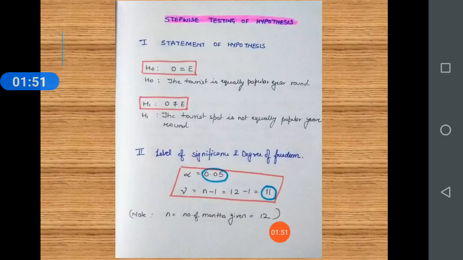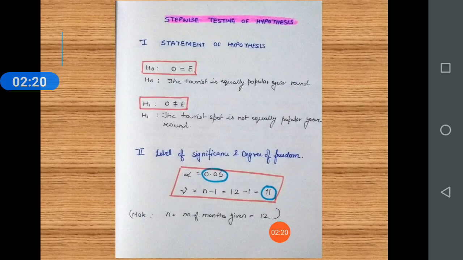Now, to solve the question, step by step, we need to test the hypothesis. The first step in this case will be the statement of hypothesis, which will be: there is no significant difference between the observed frequencies and the expected frequencies. In statement form, it can be said that the tourist spot is equally popular year round.